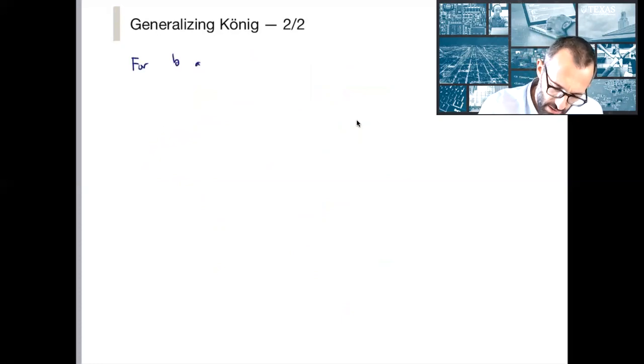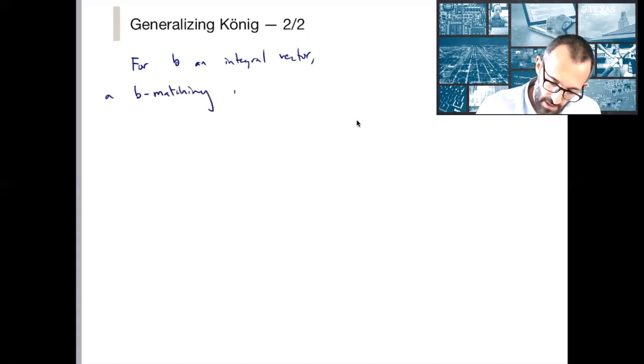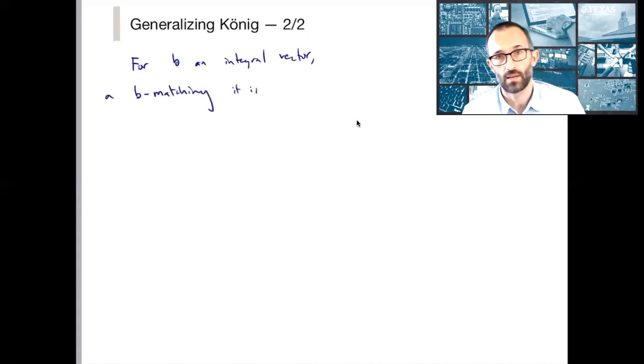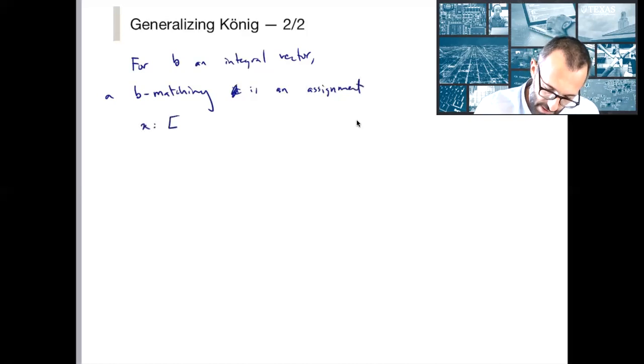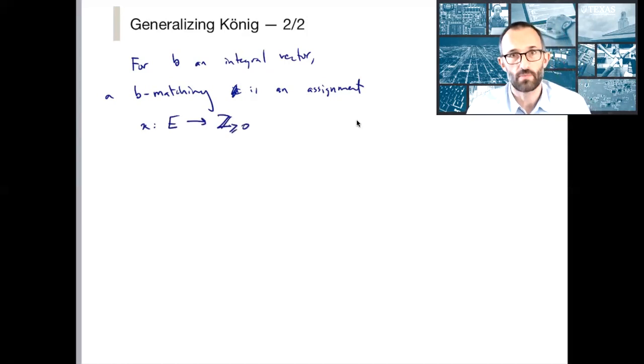For b, an integral vector, a b-matching is a generalization of the idea of a matching. And it is, rather than selecting edges, which we do to make a matching, we're allowed to put integer weights on edges. Another way to say that is that a b-matching is an assignment that maps edges into non-negative integers, as opposed to just mapping them to 0, 1.